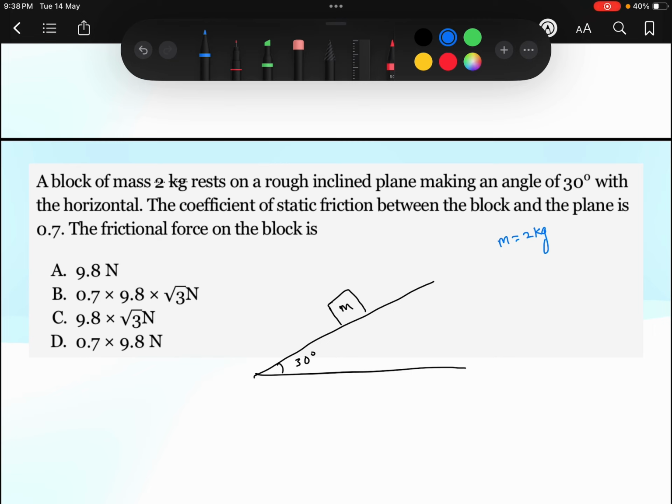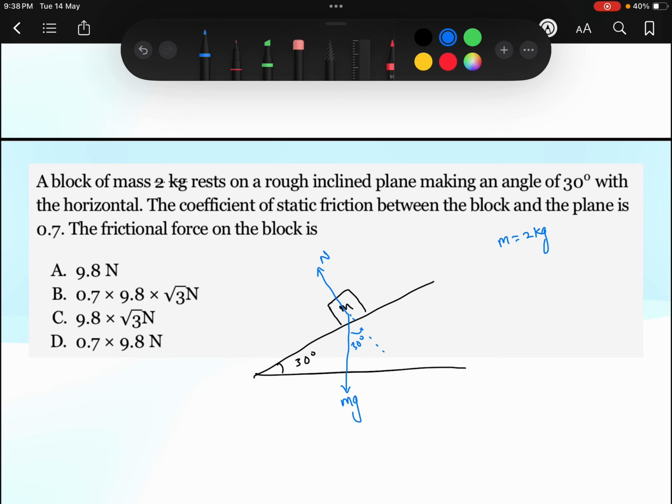Okay, now what are the forces acting on this block is, one will be in downward direction, that is the gravitational pull due to the earth, that is mg. One will be the normal force due to the surface contact. And let me draw this line. This angle will also be equal to 30 degree from the geometry.